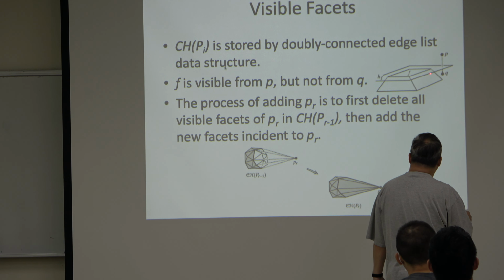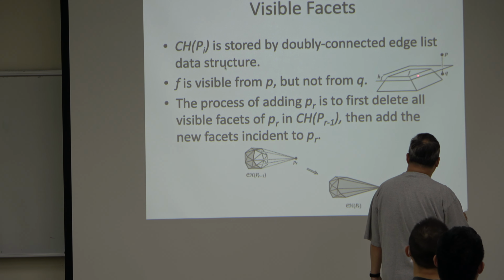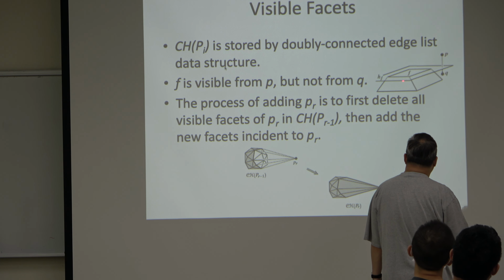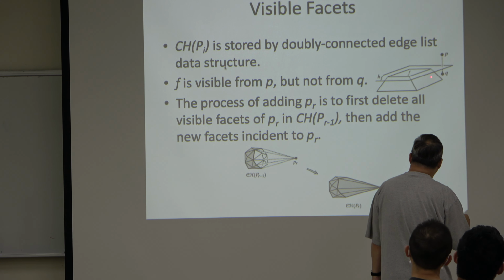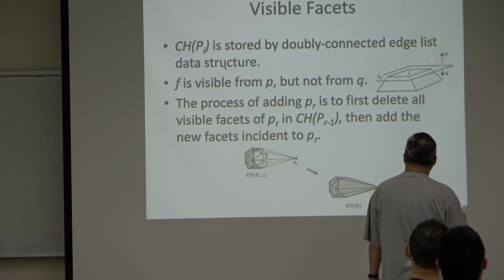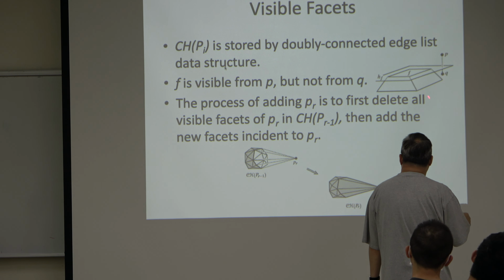For a facet, you can see that it has two sides, right? One side is facing outward, and one side is where the polytope is located.